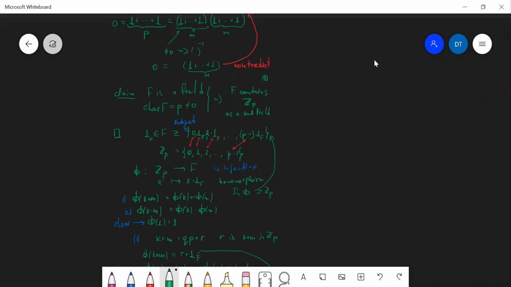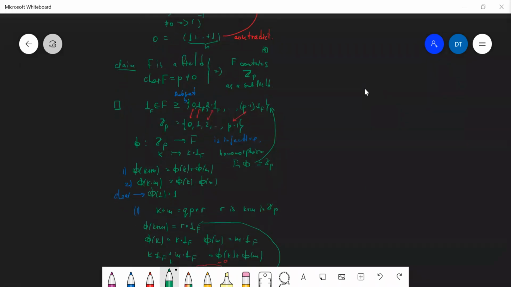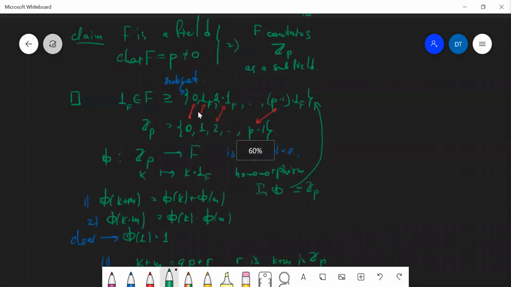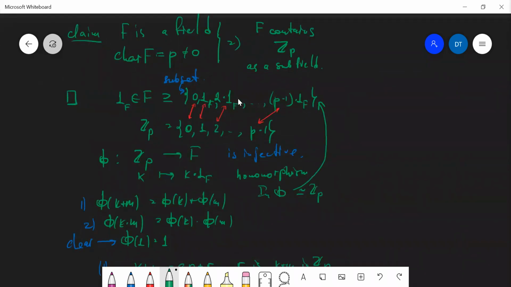Well, I have a question. How do we know that our phi is injective? Oh, just by definition, because all elements here are distinct, because this is exactly the cyclic subgroup with respect to addition generated by the element 1. All the elements of the cyclic subgroup here are distinct.